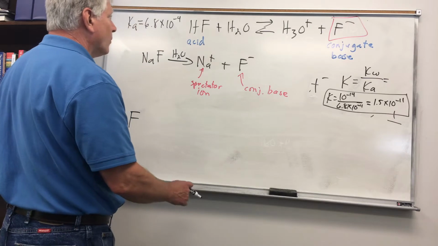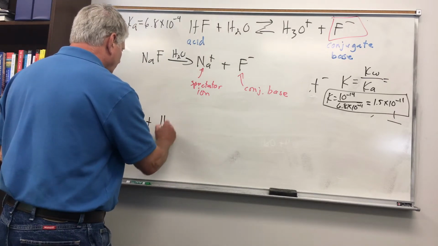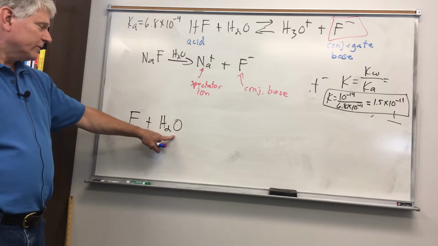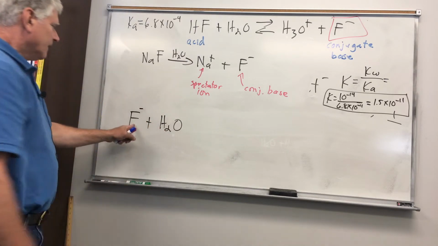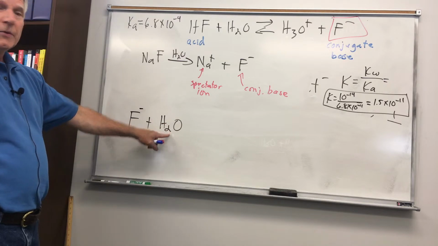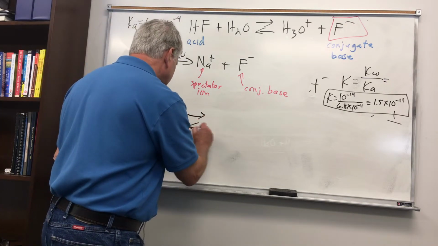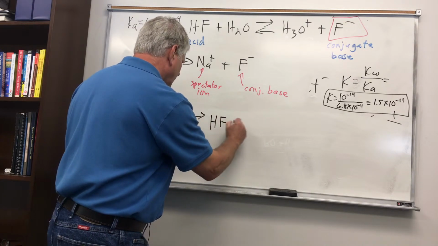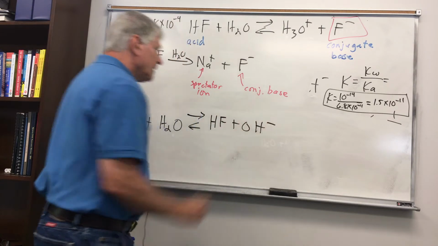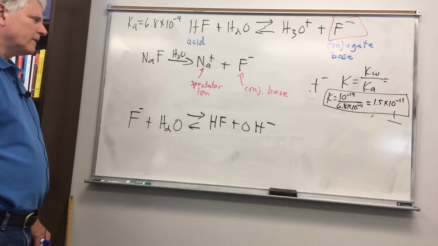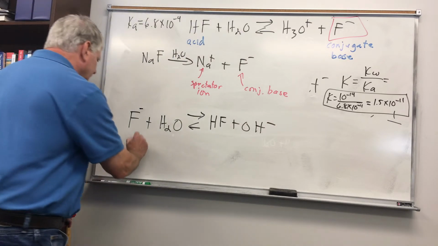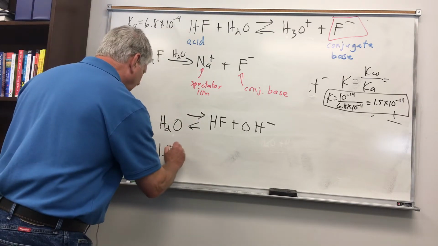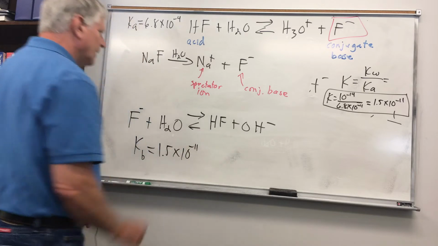But what is important is, since there's a lot of pure water around in solution, F minus reacting with the water. So this reaction can occur. This equilibrium constant we saw is Kb, and it's 1.5 times 10 to the minus 11th.